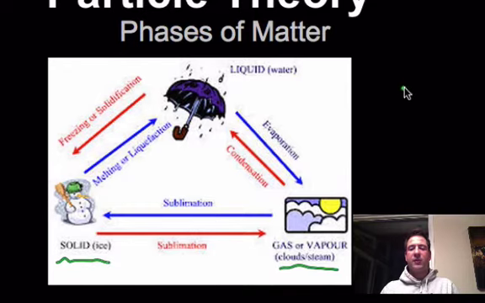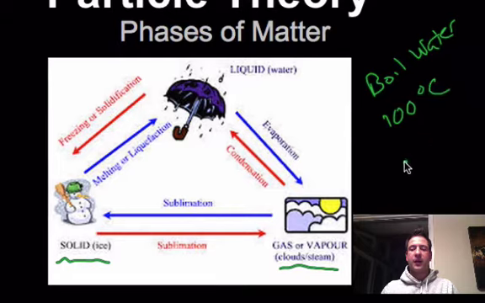So if I was to boil water, water would turn into a gas at 100 degrees Celsius. Okay, so anything above 100 degrees Celsius, like 110 degrees Celsius, water is going to be a gas. So anything below 100 degrees, though, is going to be a liquid.